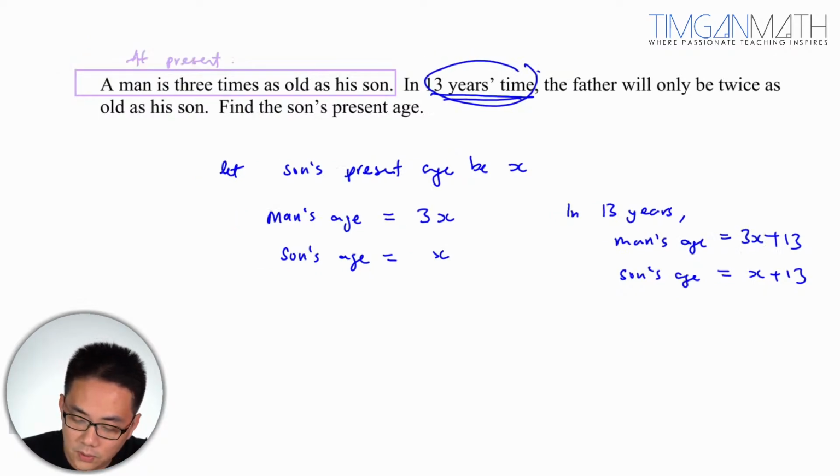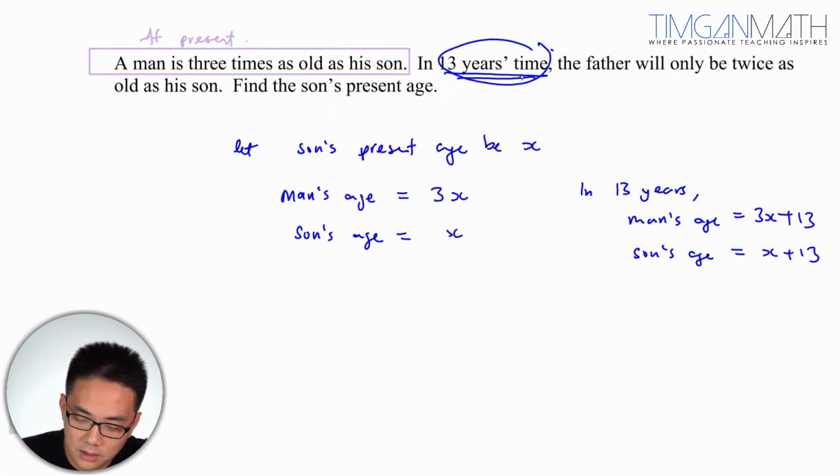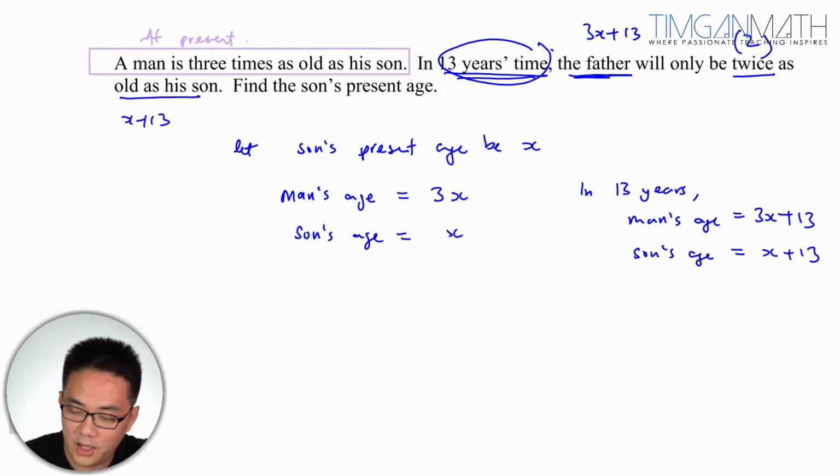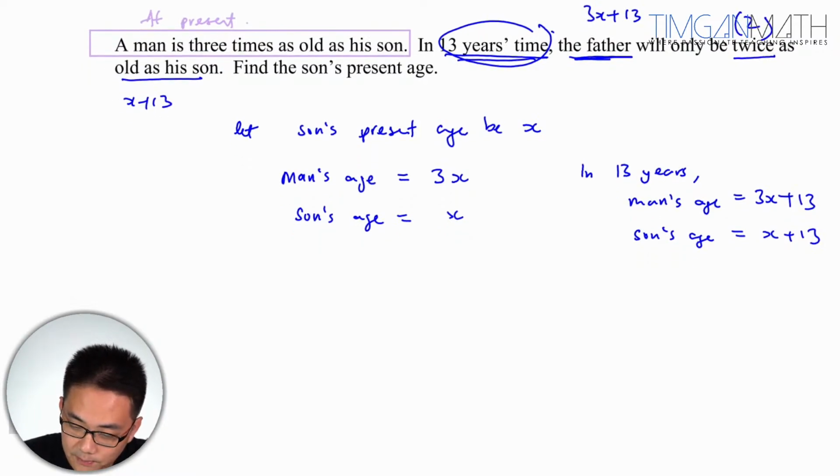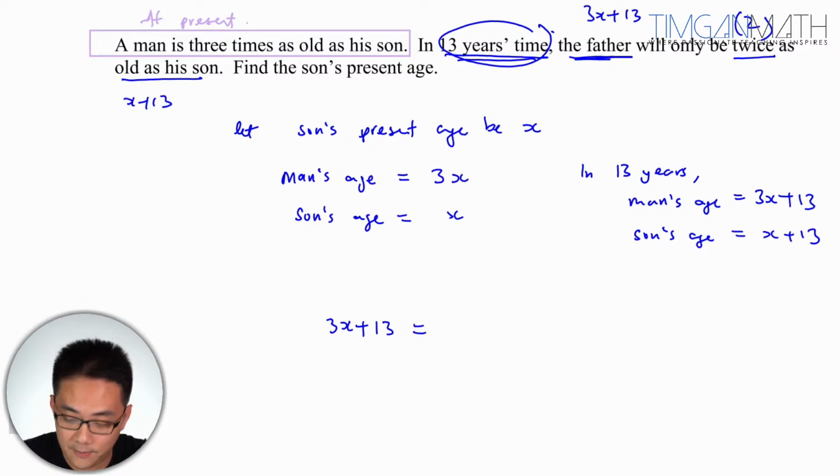It is given that the father will only be twice as old. Meaning the father's age, which is 3x plus 13, will be twice the son's age, which is x plus 13. So you can write 3x plus 13 equals 2 times x plus 13.